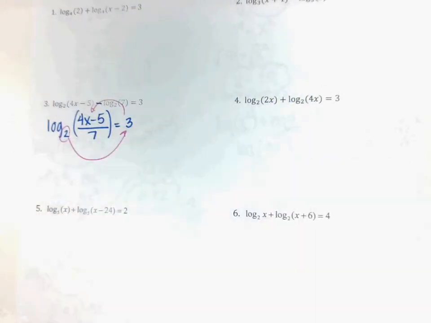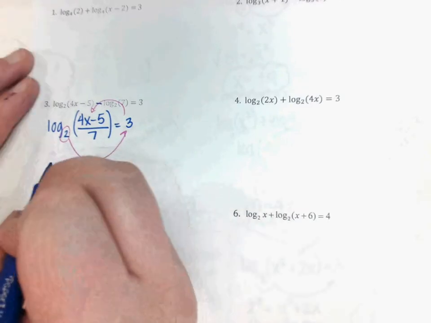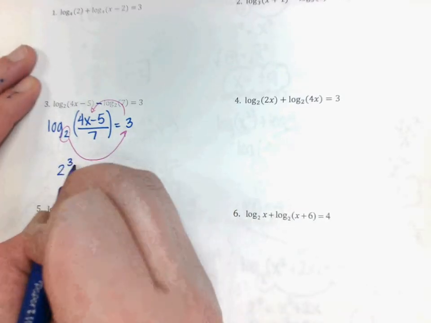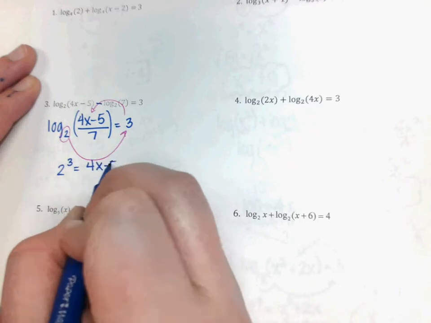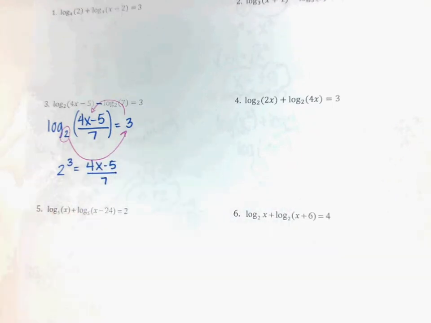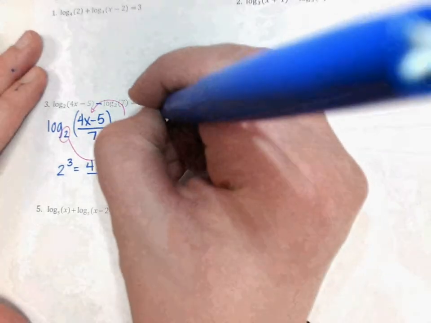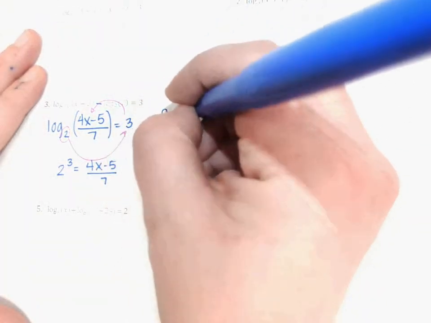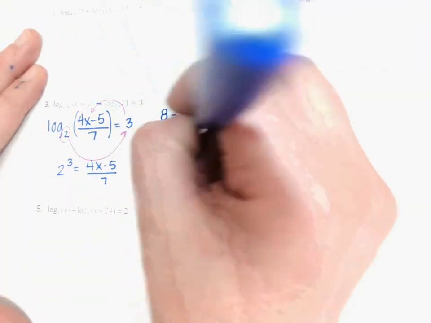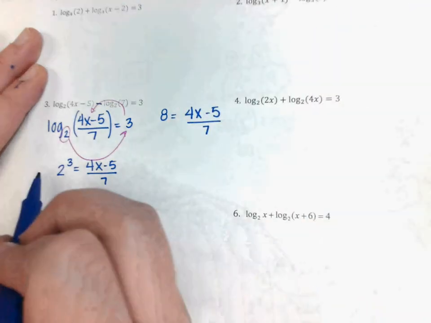Back around equals, and then the little fraction-y part. So 2 to the 3 equals 4x minus 5 over 7. Then I gotta switch this guy back. I can't leave that as a 2 to the 3. What does that turn into? 8. So I have 8 equals 4x minus 5 over 7. What do we want to do at that point?